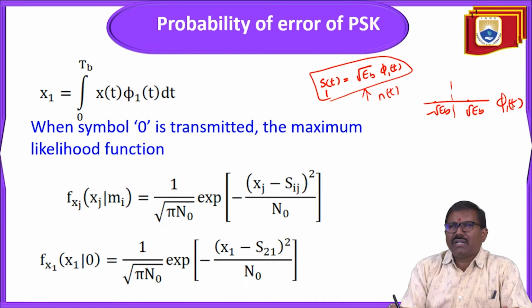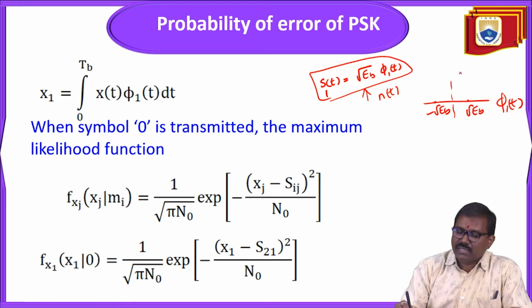This phi1(t) is the basis function, which can also be used as a phase. For coherent detection, if I use the same phase value for recovering the message signal at the receiver, then it is called coherent detection.